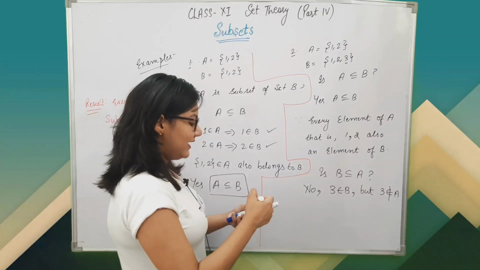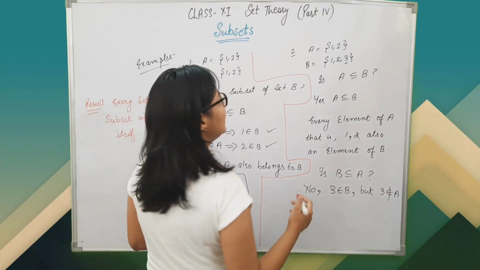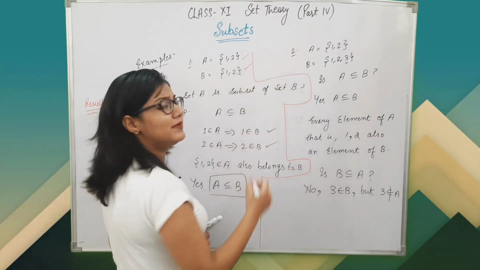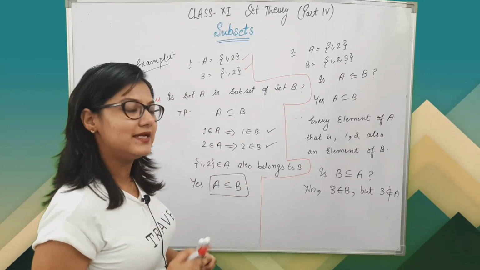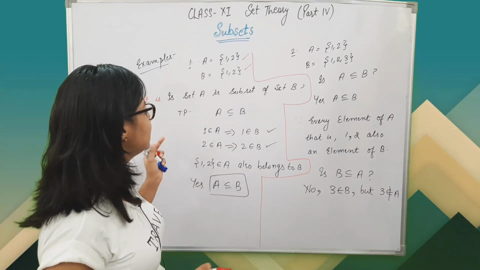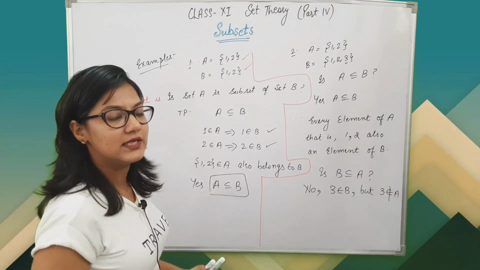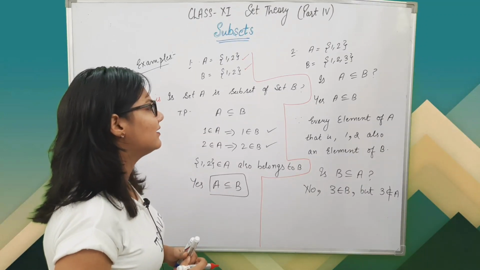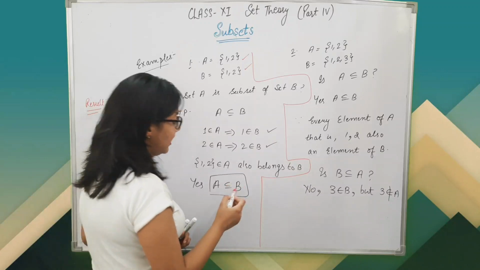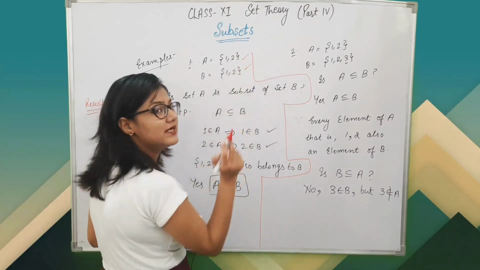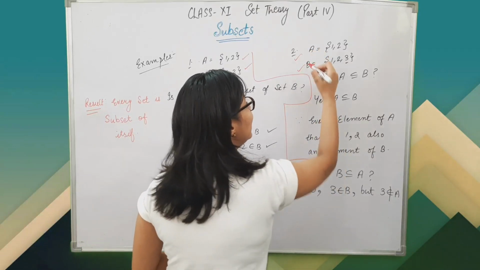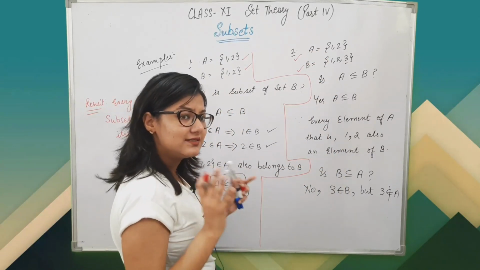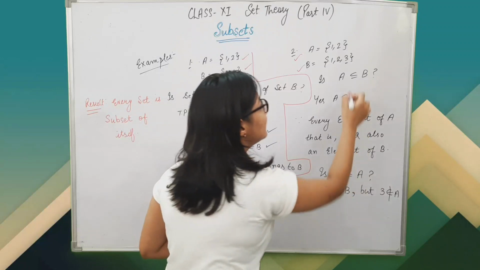Clear? And it is very interesting that here A and B are not equal. That's why you are saying A is a subset of B. But you can ask me, ma'am, if when both sets are equal we use this symbol, and when A and B are not the same we also use this symbol, what is the difference?